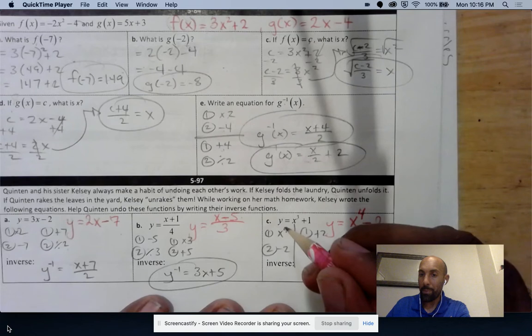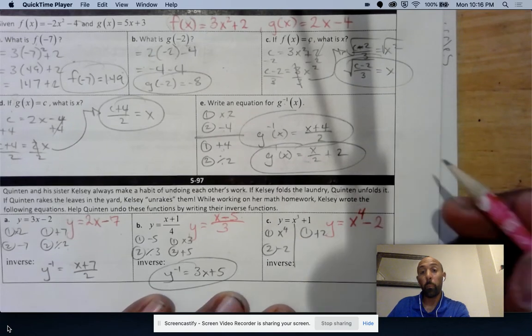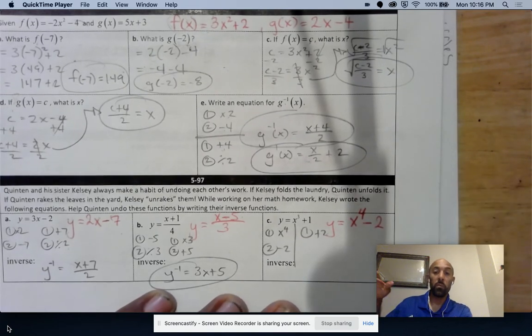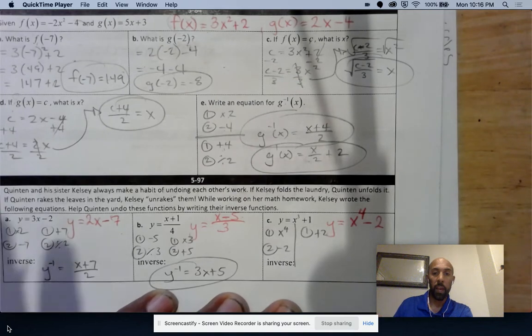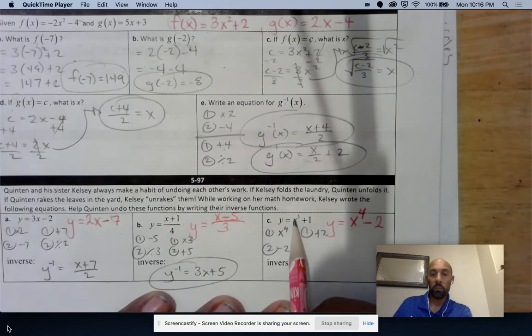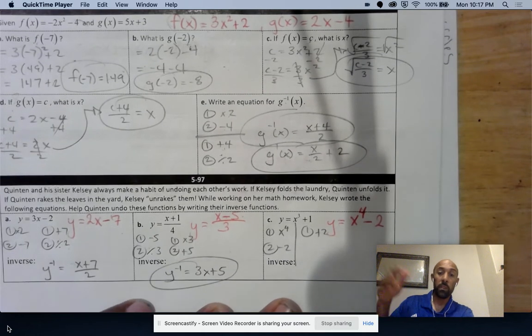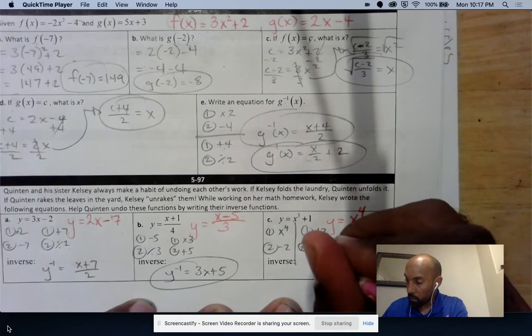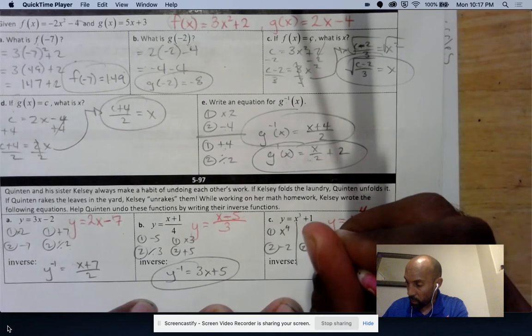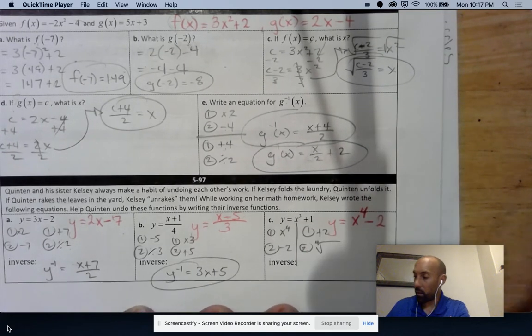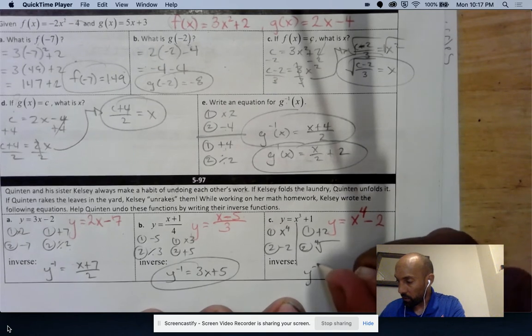But here, remember, the opposite of raising something to a power is to find the root. If you're cubing the number, you would find the cube root. If you're squaring the number, you'd find the square root. But if you're raising to the 4th power, we would find the 4th root.